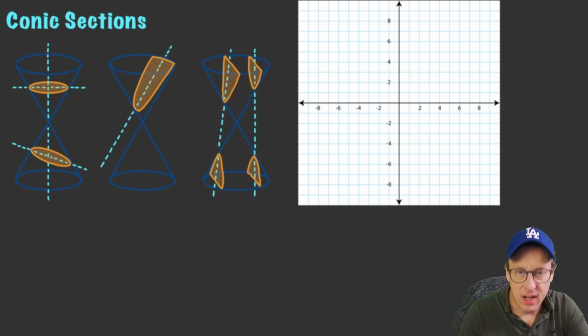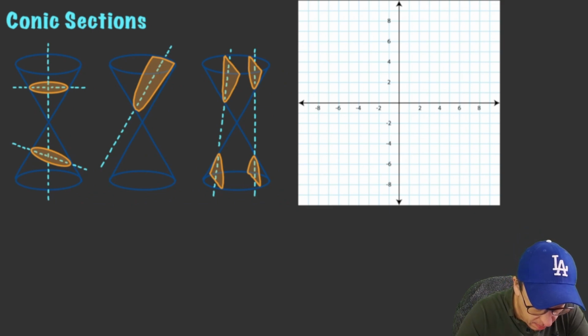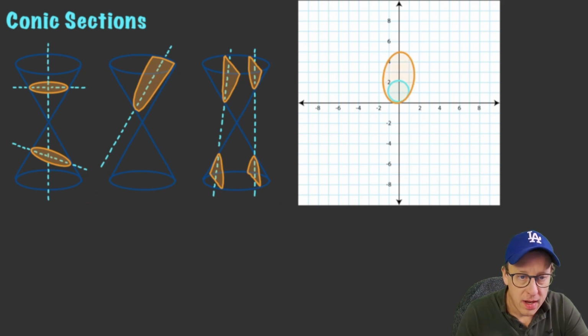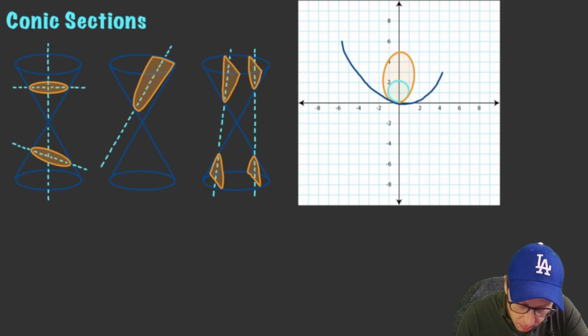And I'm just going to come in here and just draw some examples. So we can have circles, of course. And let's see, there it is. There is a circle. We are also going to be able to draw ellipses. So here is an example of an ellipse, sorta. And we're also going to be able to draw parabolas. So let's just come in and draw a parabola.